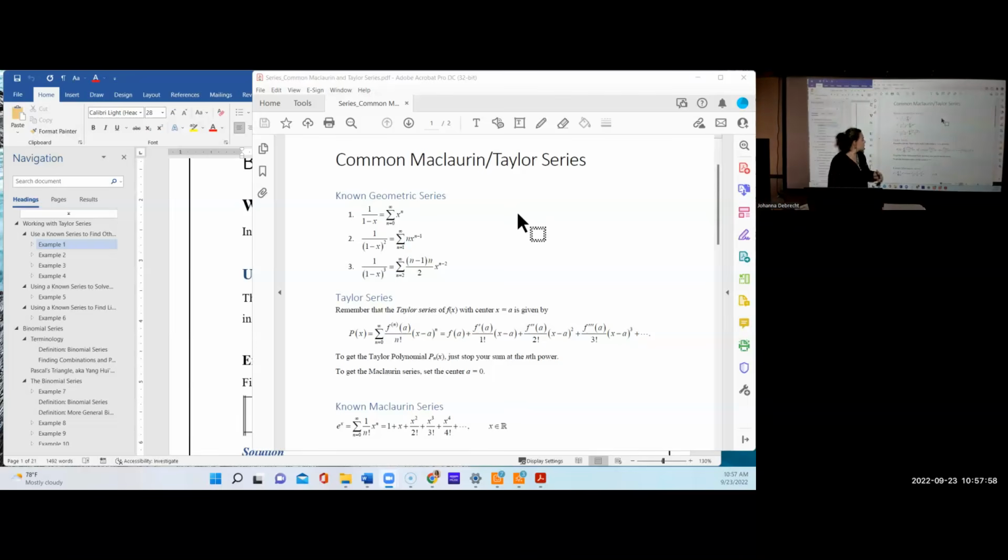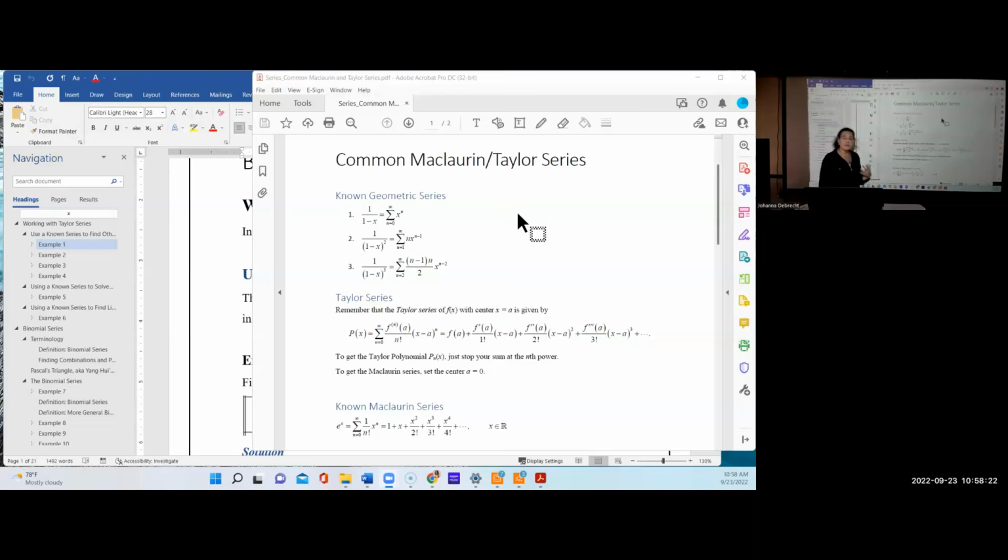The third one is 1 over 1 minus x to the third, and this series has to start at 2. It cannot start at 1 or 0. It has the form n minus 1, the quantity, times n divided by 2, times x to the n minus 2. These are known geometric series, and they converge whenever the magnitude of x is between -1 and 1.